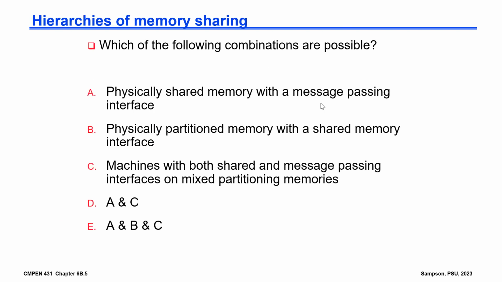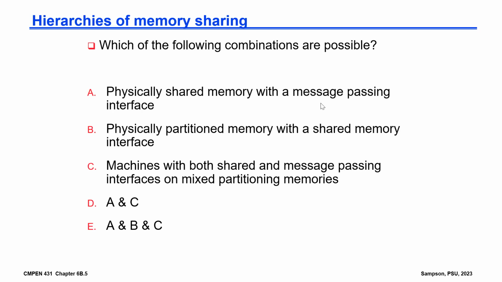Okay. So which of these is going to be possible? Could you have a physically shared memory with a message passing interface? You have a physically partitioned memory with a shared memory interface. Could you have any sort of mix? So it's going to be E, right?